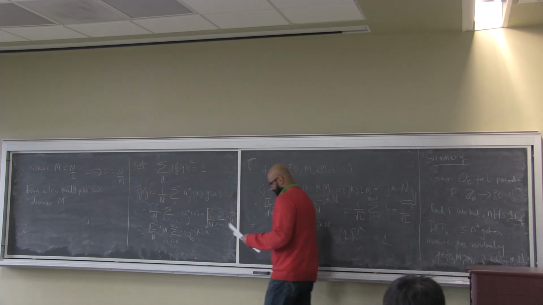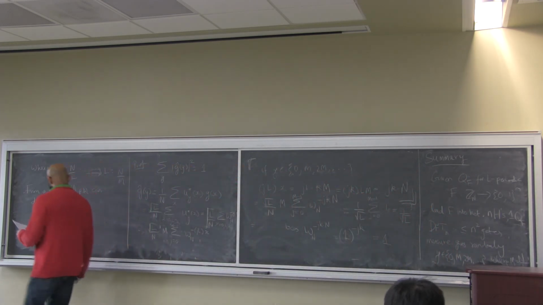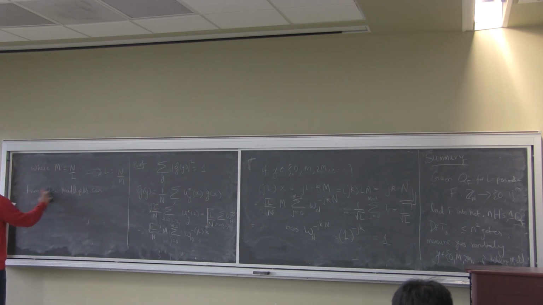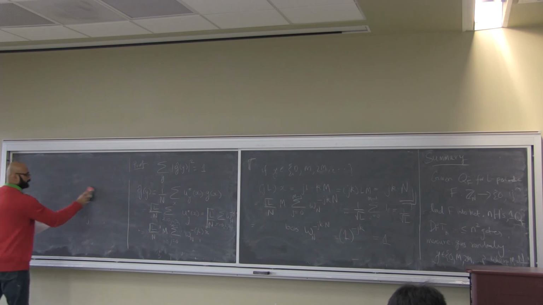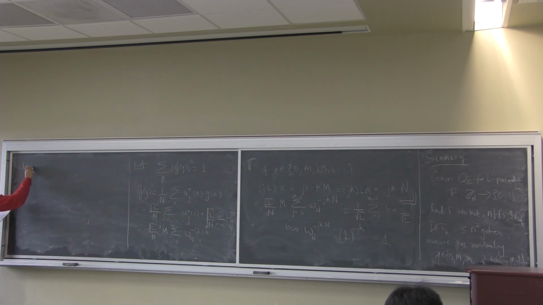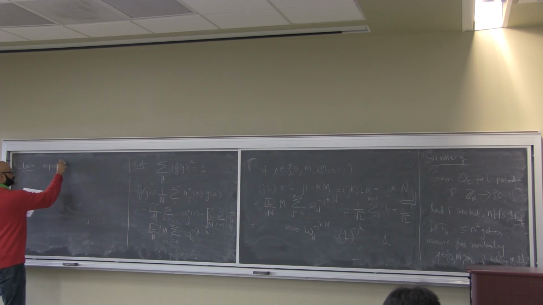So the point is, if I repeat this a couple of times, the claim that I make now is this. We just need 2 repetitions basically. Repeat Shor's algorithm twice.